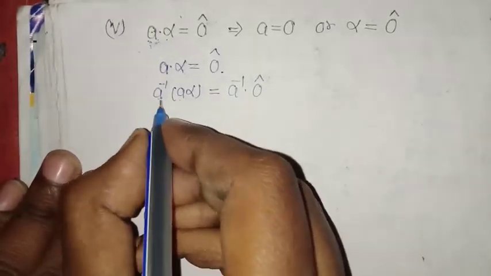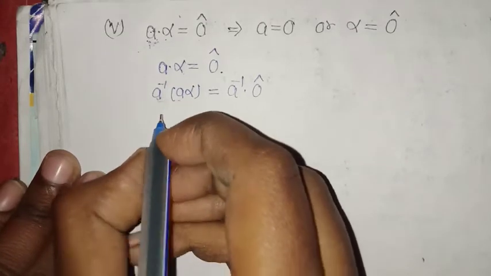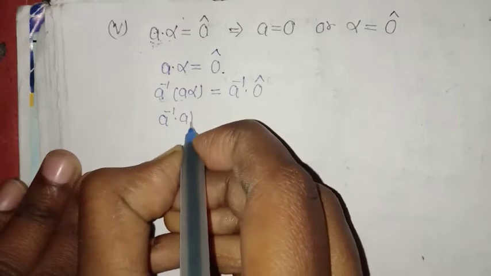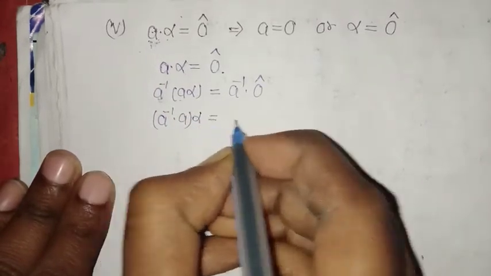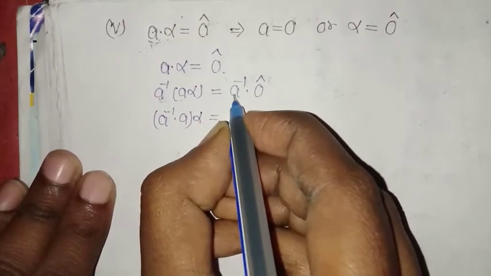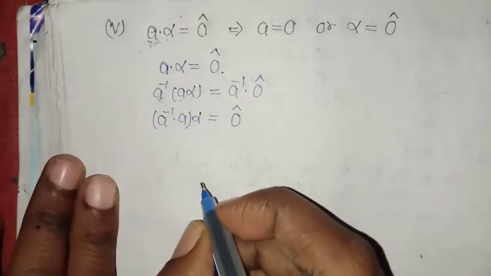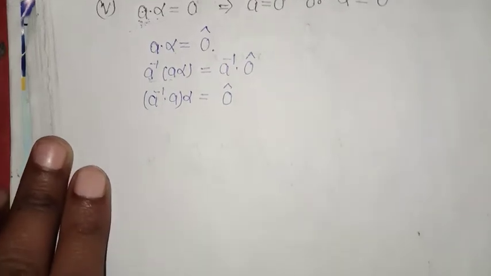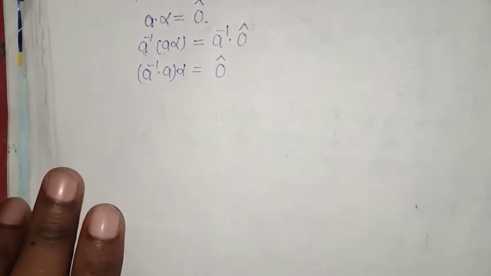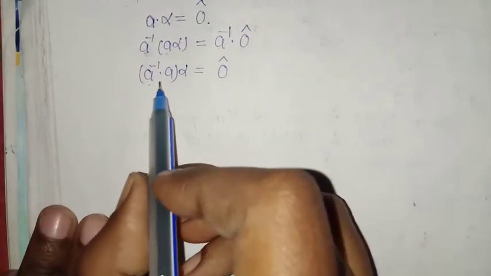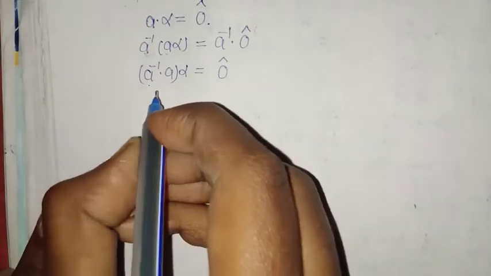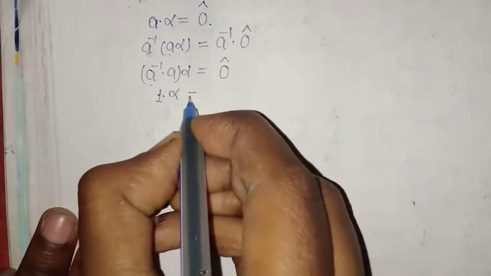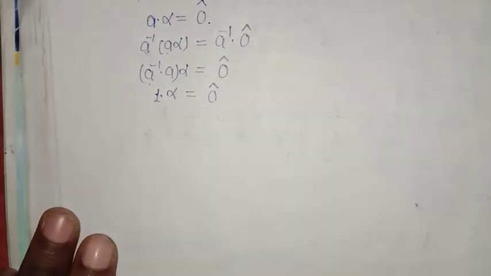By using distributivity of product, this can be written as A inverse dot A into alpha is equal to 0 vector, because when we multiply any element with the 0 vector, we always get the 0 vector, as we have discussed in property number 1. Now A inverse A is nothing but the unity of the field F. So this can be written as 1 dot alpha is equal to 0 vector.